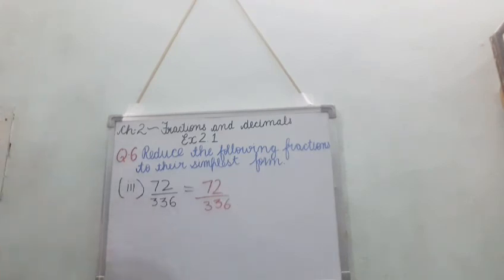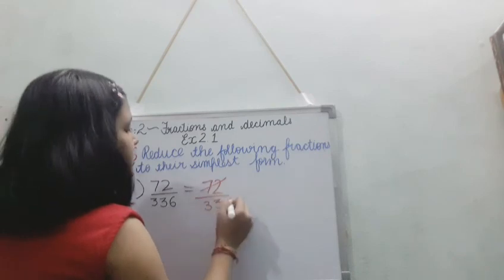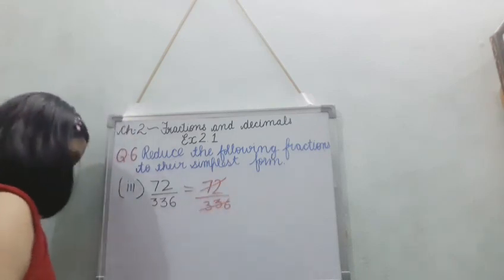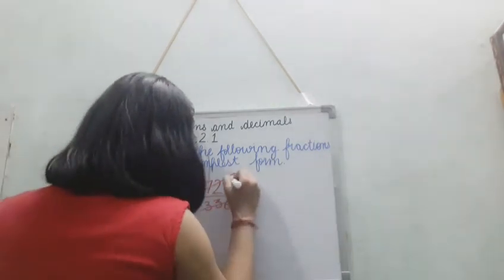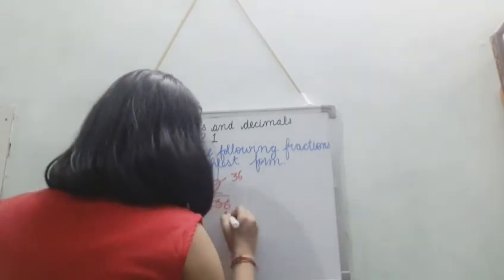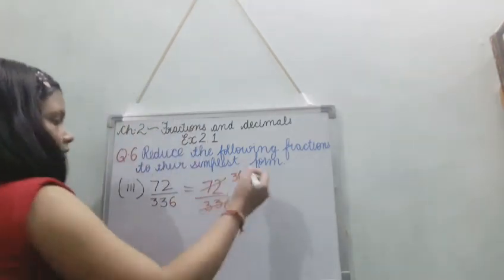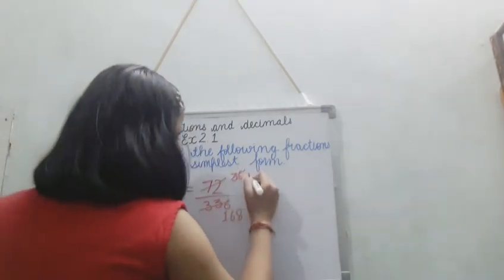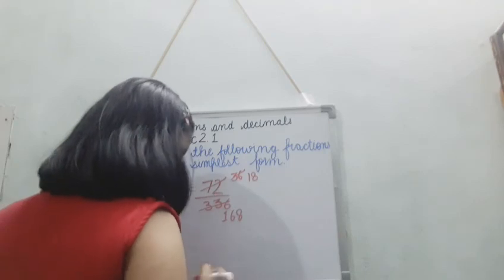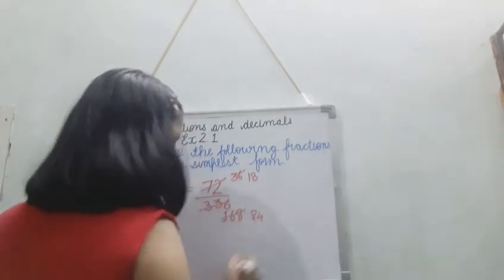Now the next one is 72 upon 336. So you will cut it firstly by 2. That is 36, and then 168. Then after that, when you cut 36 by 2, it will be 18, and 168 by 2, it will be 84.